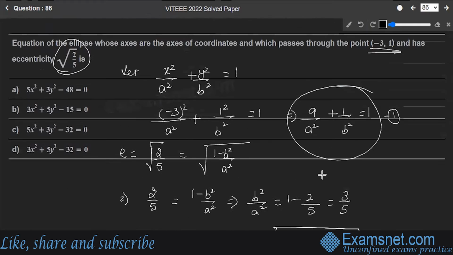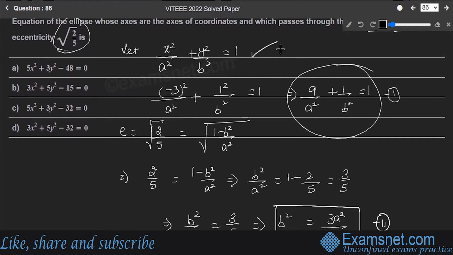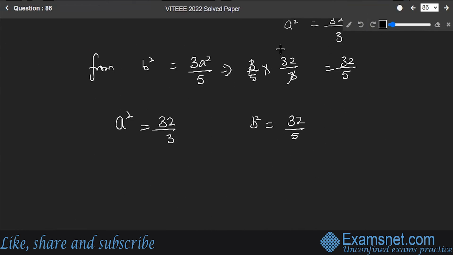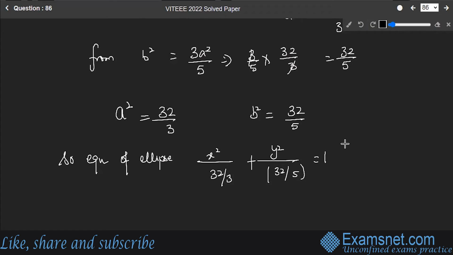Okay, let's check once what we needed to find. We have to find the equation of the ellipse. So we got a² and b². Let's fill in this equation of the ellipse. So the equation of the ellipse becomes x² upon 32 upon 3 plus y² upon 32 upon 5 is equal to 1.